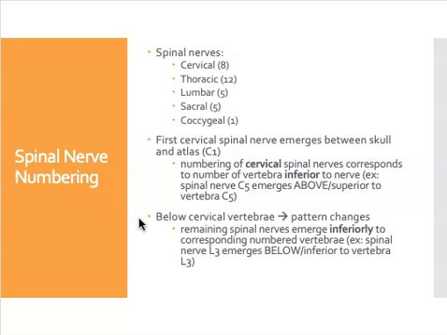So for example, spinal nerve L3 is going to emerge inferior to vertebra L3. So the cervical ones emerge superior, the rest of them emerge inferior.